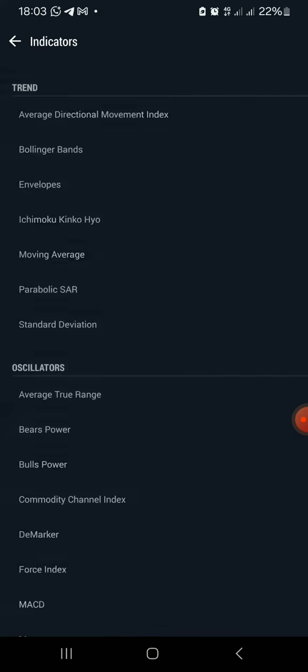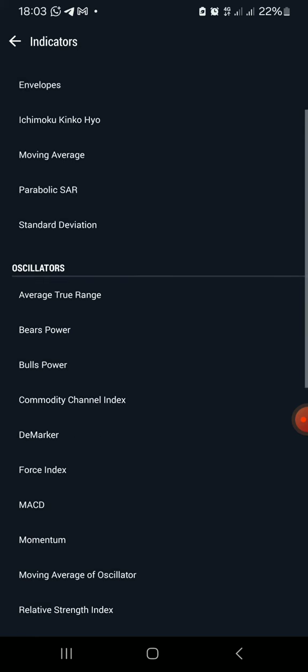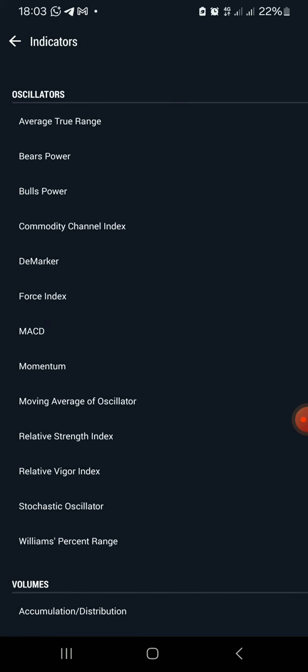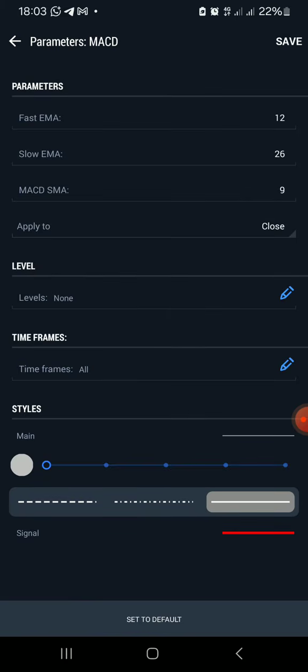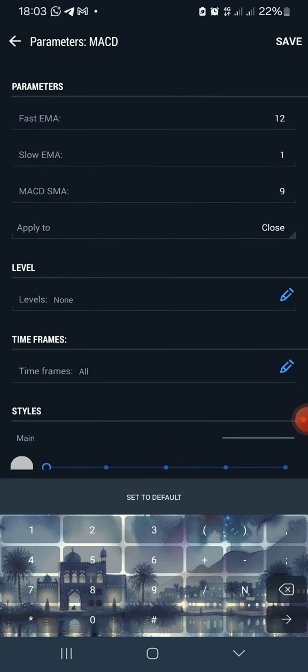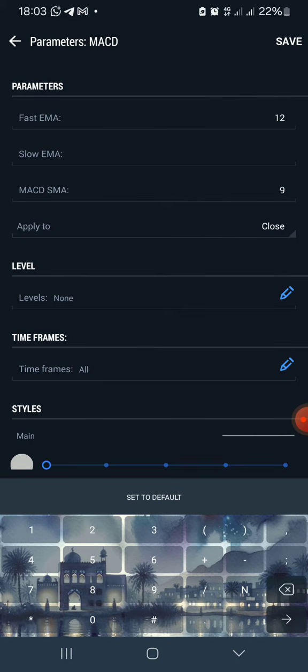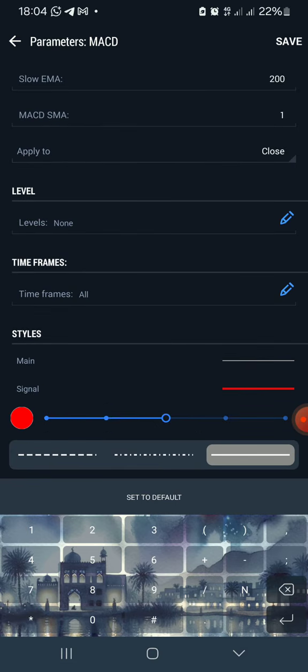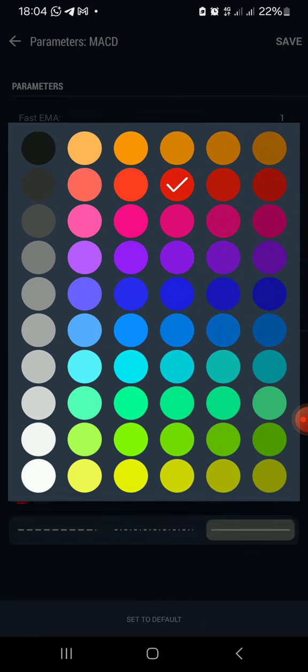I'm going to set up my double MACD, but in this case I'm setting up another MACD in place of the first one. So in this case I'm putting this as 1. I'm putting this as 200. Then I'll be putting this as 1, while I put this as 1 as well. So here we have it.